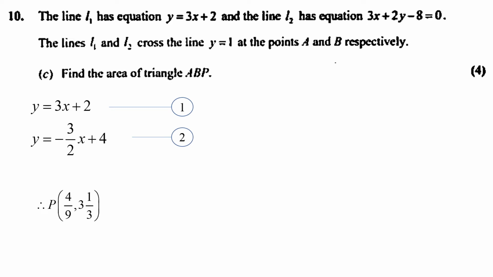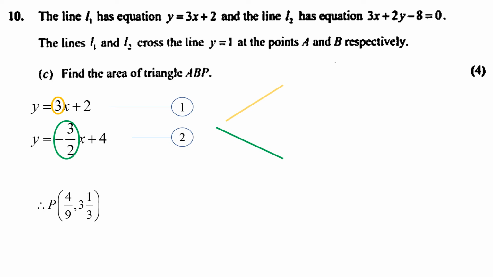We also used them to find the intersection of these two lines at P. The x coordinate is 4 out of 9 and the y coordinate is 3 and 1/3. So now we can try to draw a sketch. If you can draw it quite accurately, that would be the best, but don't let it bother you too much.